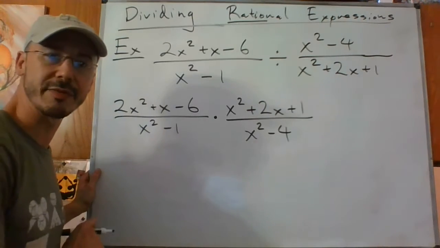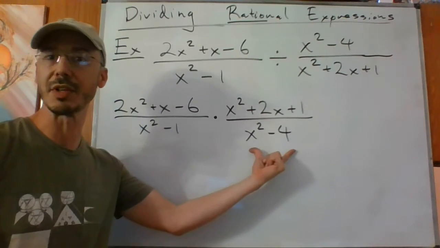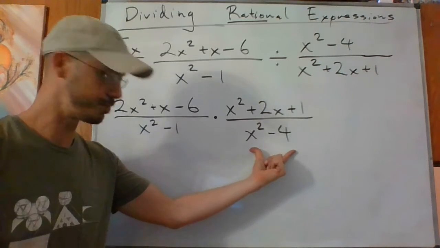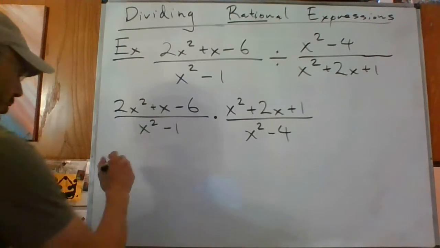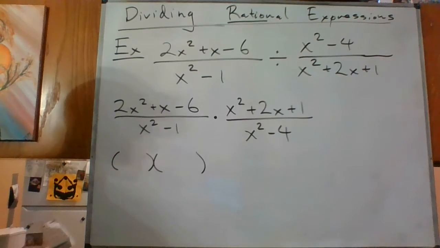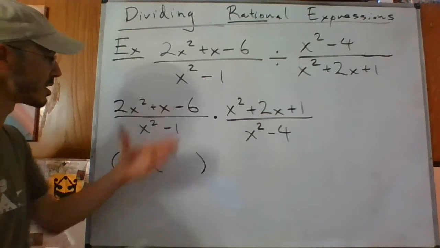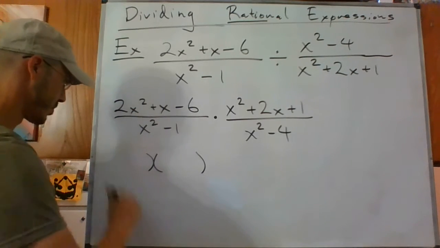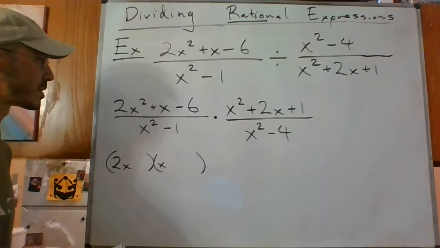Now I'm ready to do some factoring. It kind of helps that these bottom two are both difference of squares in form. I think I made a few notes to do this, but 2x squared plus x minus 6 factors with a 2x and an x for the firsts.